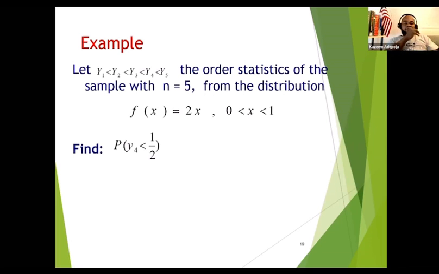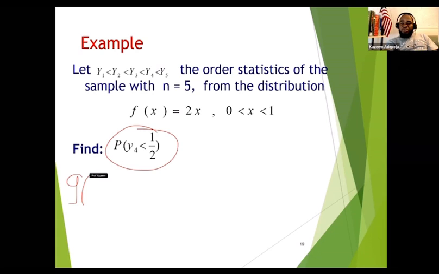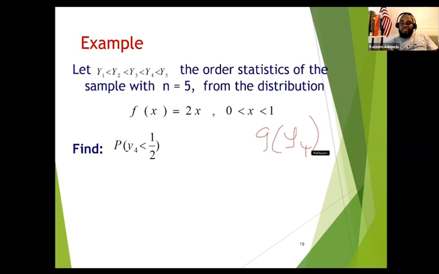To answer that particular question, like I said, you want to find the probability of y4 less than or equal to half. The very first thing you need to do is get the probability distribution for y4 before you can find that probability. To find it, you're going to make use of the probability distribution of yr.